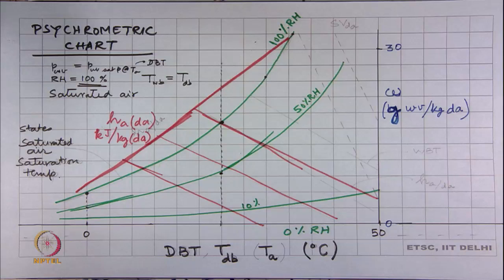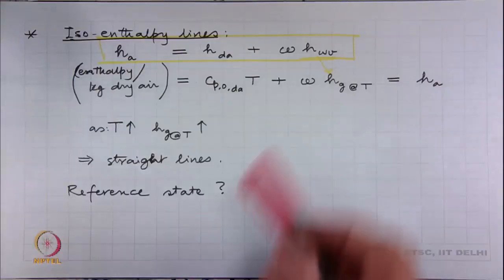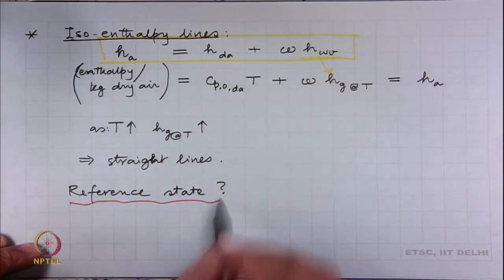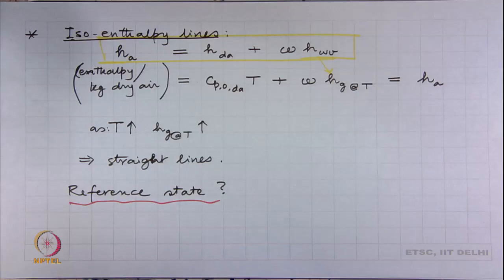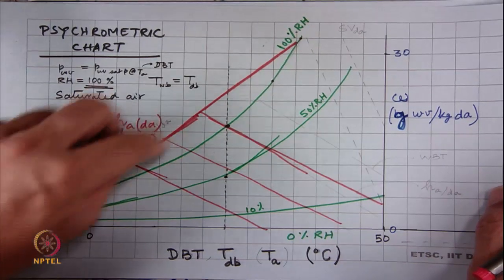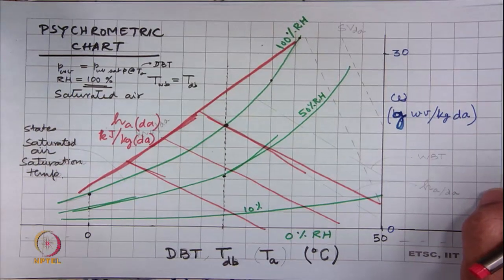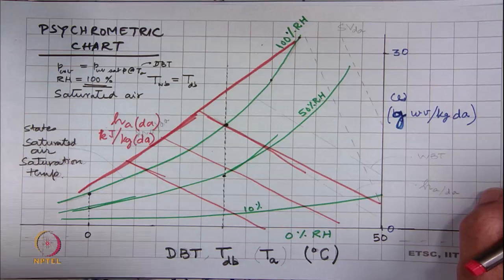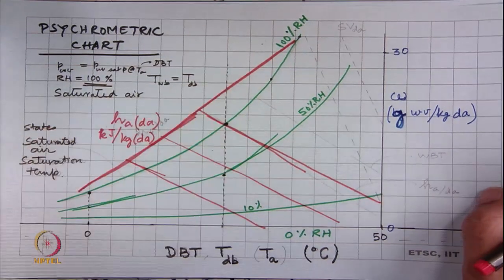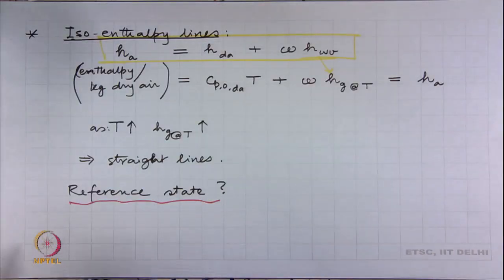The only question left with specific enthalpy is that to get the value of H here, we need a reference state. Depending on what reference state one picks, all these values will get added and come there. If you use a different reference state, the number values will all change, but the corresponding lines will all remain the same. Different charts have used different reference states.